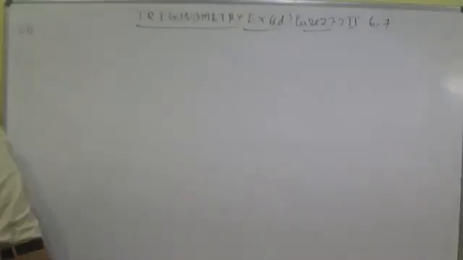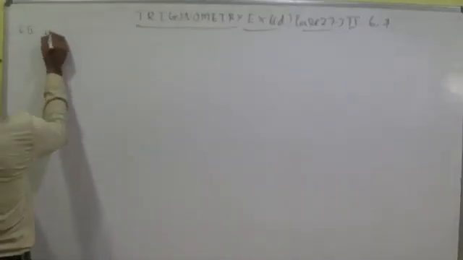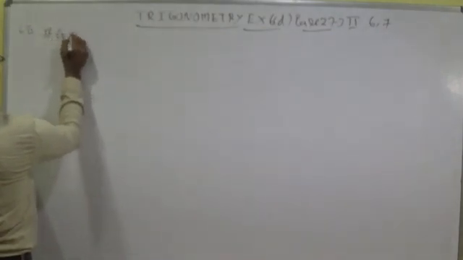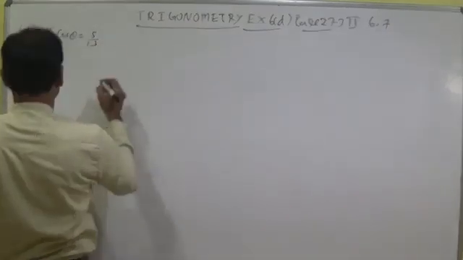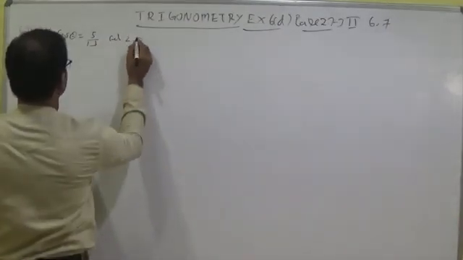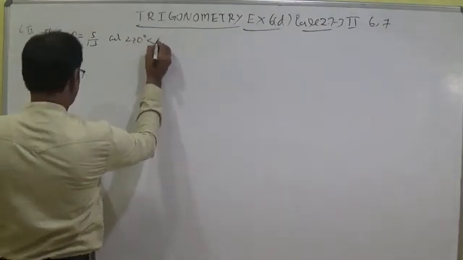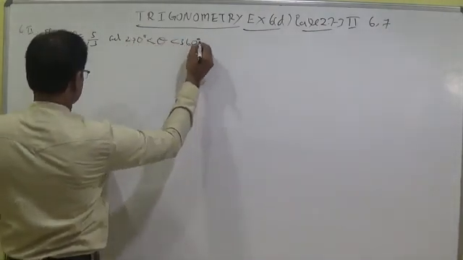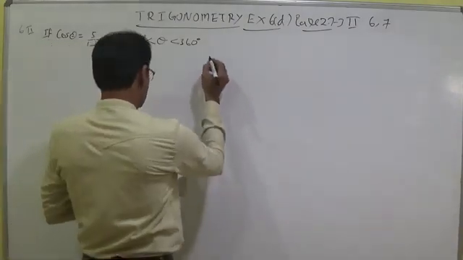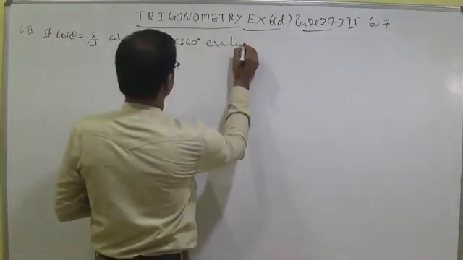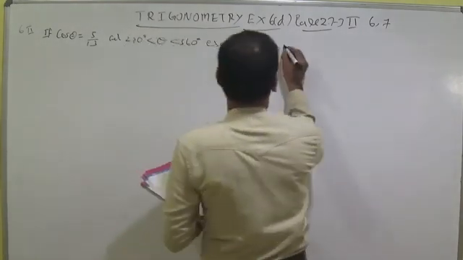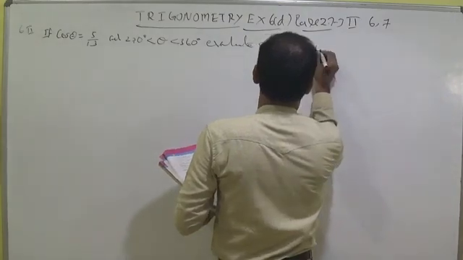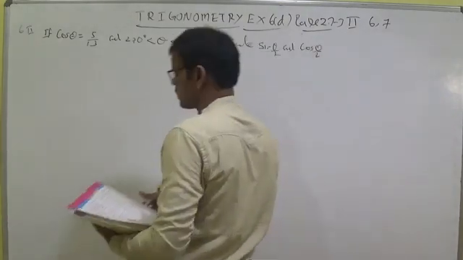Sixth question, second one: cos theta is equal to 5 by 13. If cos theta is equal to 5 by 13 and 270 degrees less than theta less than 360 degrees, evaluate sin theta by 2 and cos theta by 2.